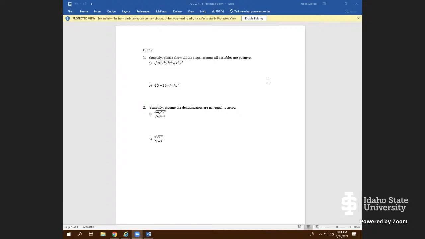We have 5 raised to 4 and the 4th root of 5r raised to 4 all over the 4th root of 8r squared. Something like that, right? Yeah.